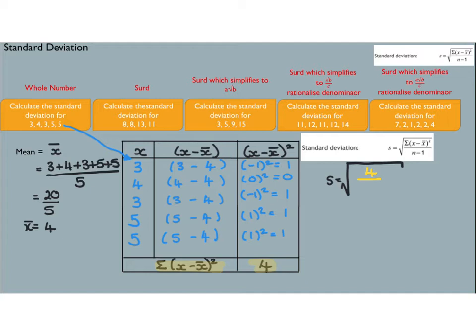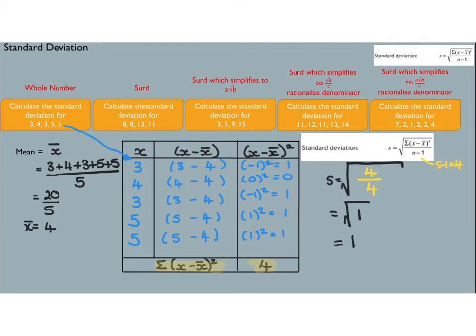N is how many numbers. So we had 5 numbers, so 5 take away 1, that makes another 4. So what we ended up with here is 4 divided by 4 makes 1, and the square root of 1 is 1. So there we go, we've worked out our standard deviation to be 1.